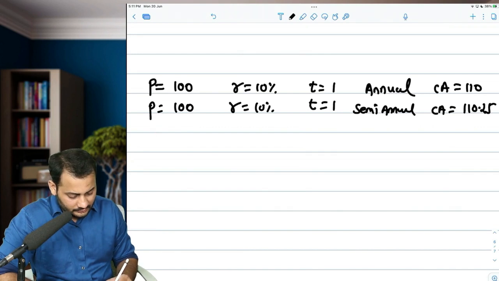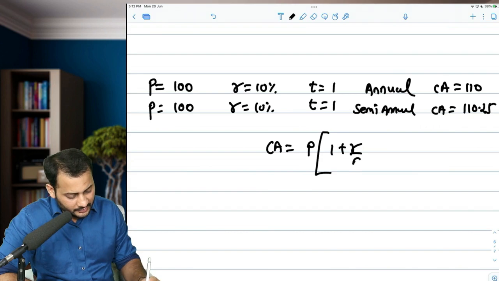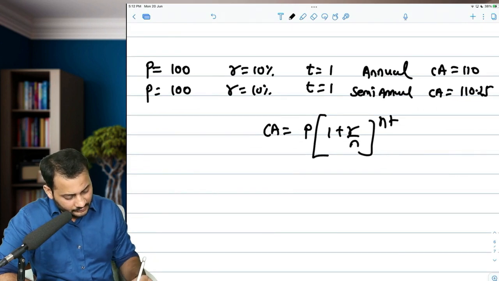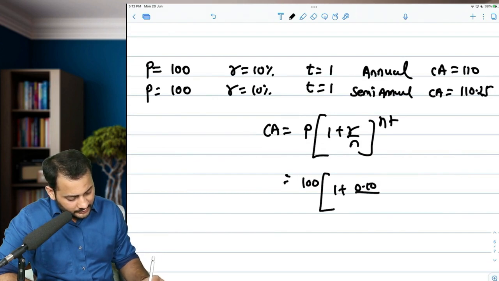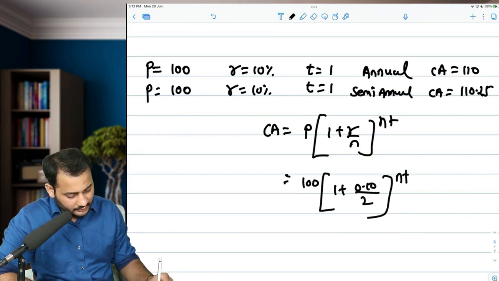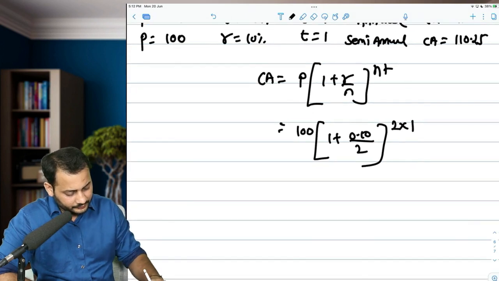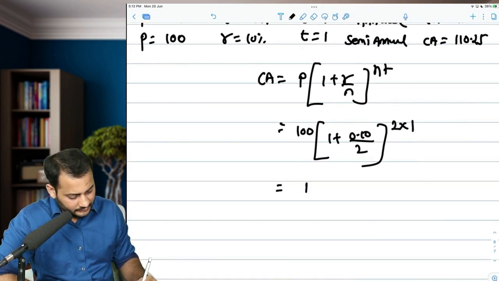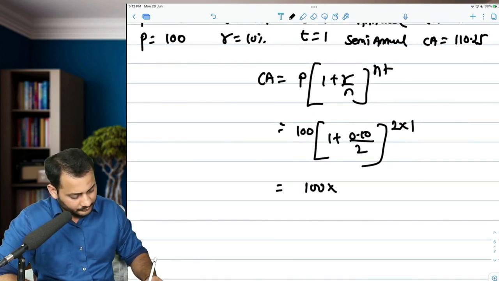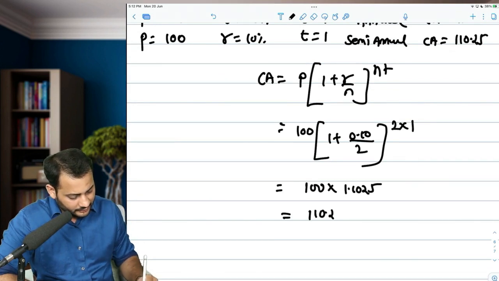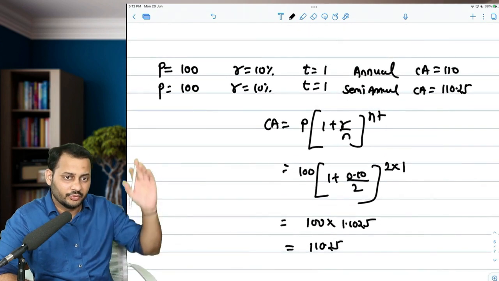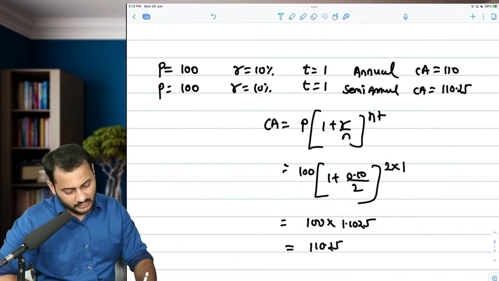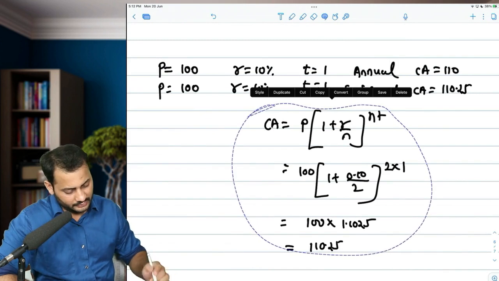Compound amount is equal to principal in bracket 1 plus r by n to the power nt. So 100 in bracket 1 plus 0.10 divided by 2 to the power 2 into 1. It will give you 100 into 1.1025 if you solve it, and it will be 110.25. This is how you have reached that 110.25. Now I will just remove it. There is no need for that right now.